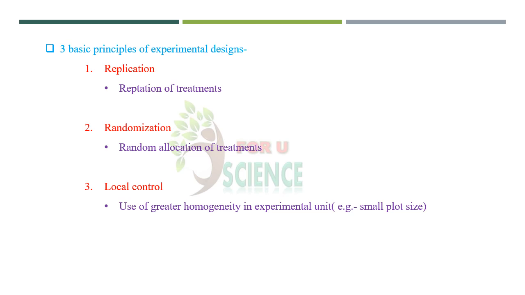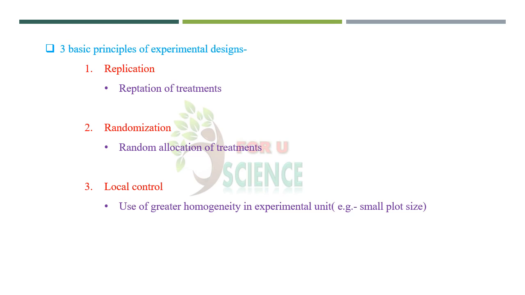That means if we use a small plot size, in between that there will be less heterogeneity. If heterogeneity is present, we can compare treatments in a very easy way, or we can control or reduce our experimental error.